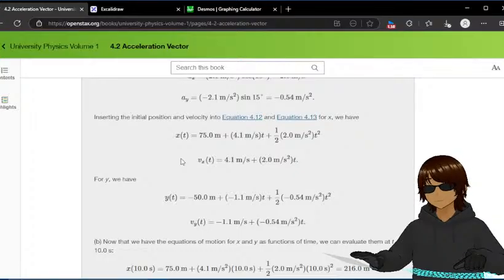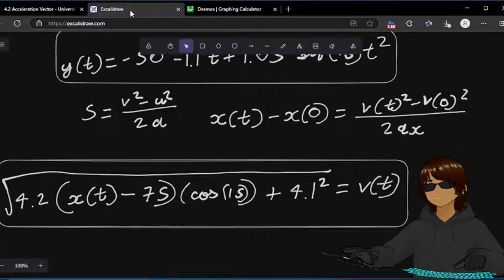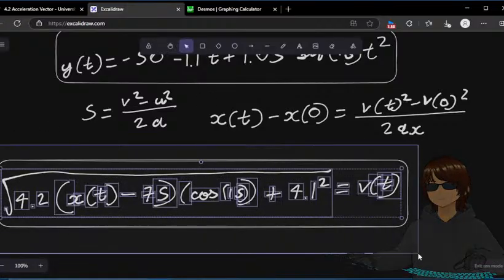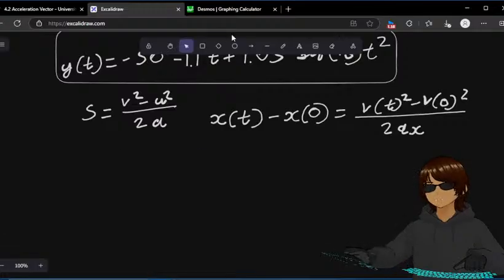Let's see. So they got the x. Oh wait, no, time is fine. I tried to skip the time variable, never mind this. I tried to avoid the time variable, that's why I didn't use that equation.